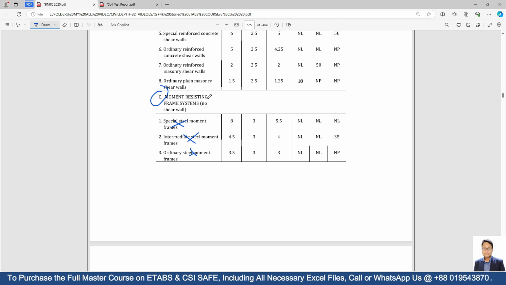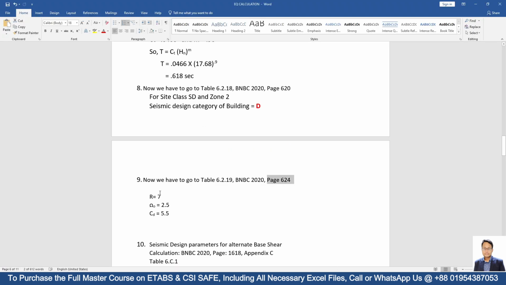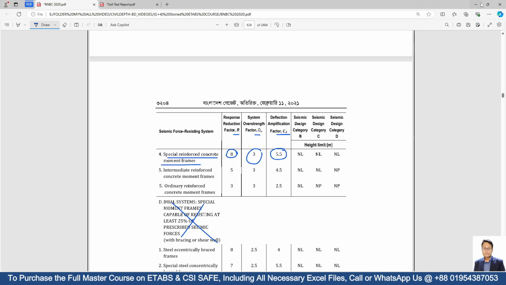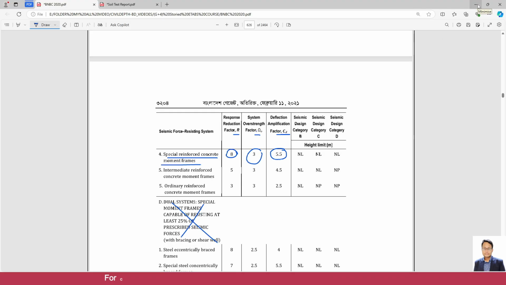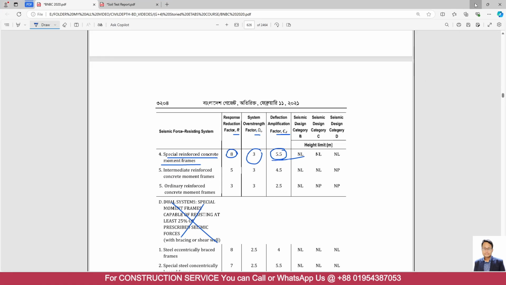For our case this is a moment resisting frame with no shear wall. So we will take R value 8, then strength over strength factor 3, Cd maybe similar, 5.5, right?